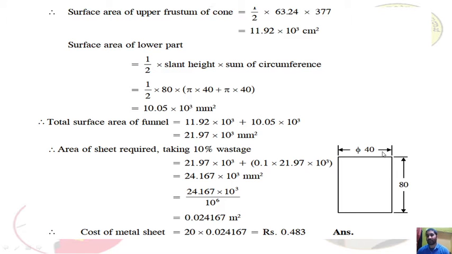So pi into 40 into 80 is our lower portion area, which is 10.05 into 10 raised to 3.